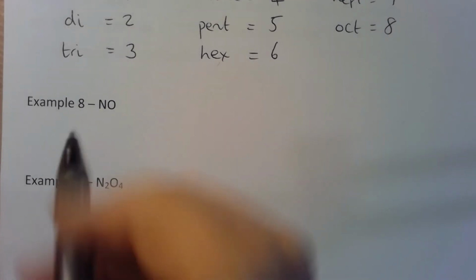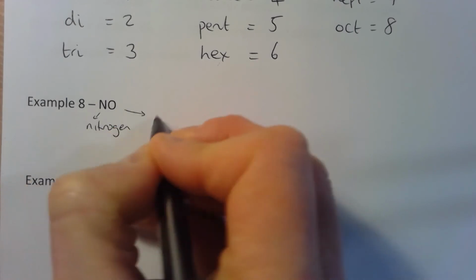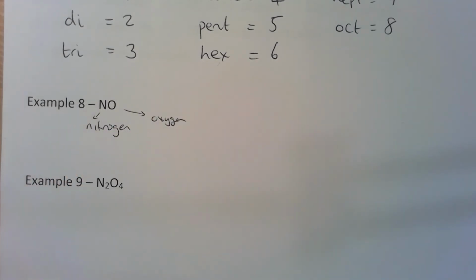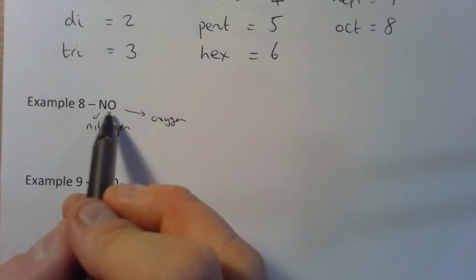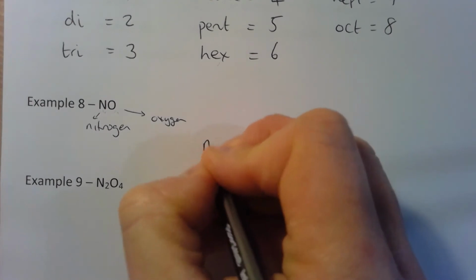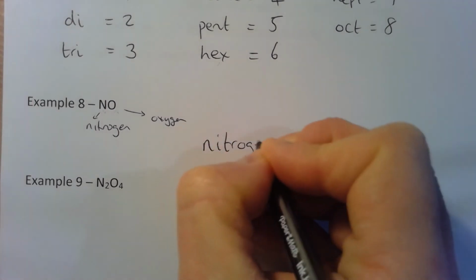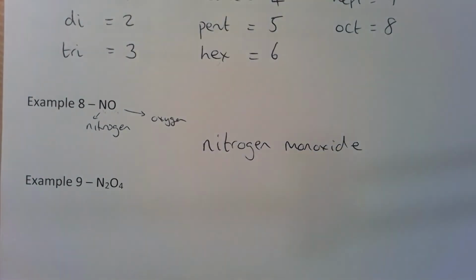This compound here is made of nitrogen and oxygen. We change the end of the oxygen to "-ide", and we say how many there are. In this case, there's only one of them because there's no number after it, so we assume it's 1. So this one would be nitrogen monoxide.